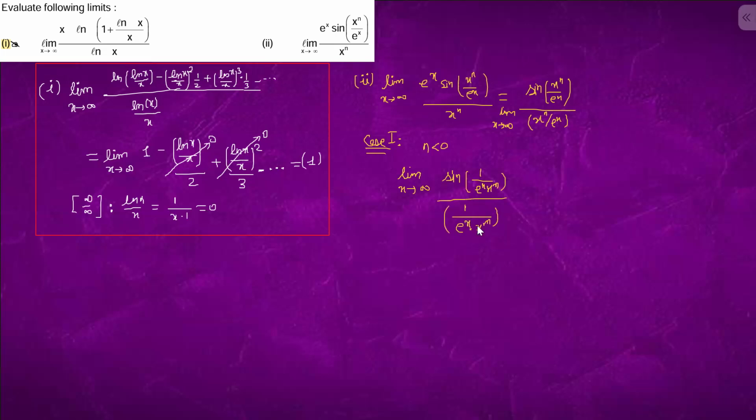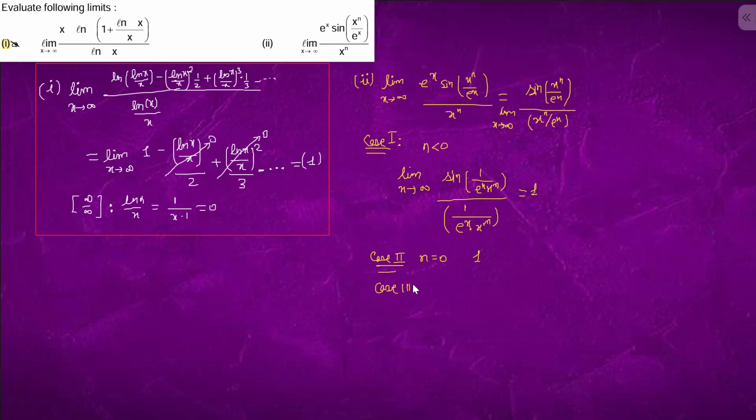With x tending to infinity, it is 0 by 0 form, which is 1, since sin x by x is 1. Case 2, n equals 0. It is 1 by e^x, with x tending to infinity, it is again 1. This is the 0 by 0 form.